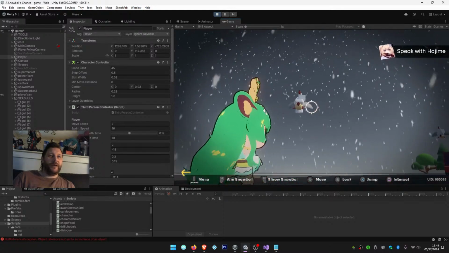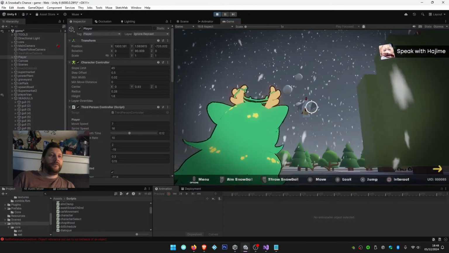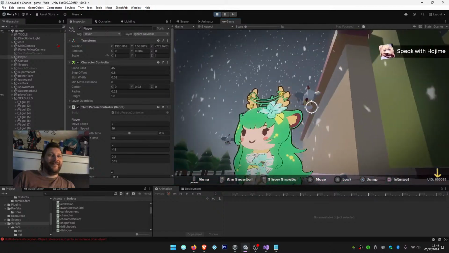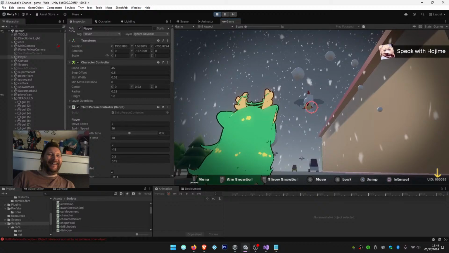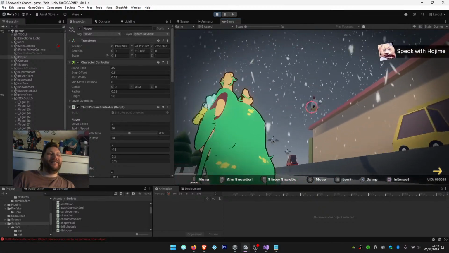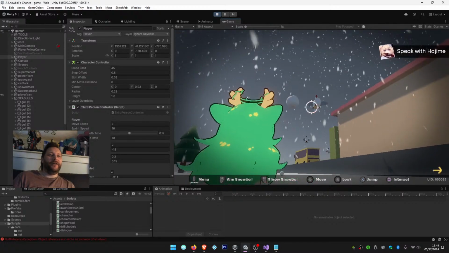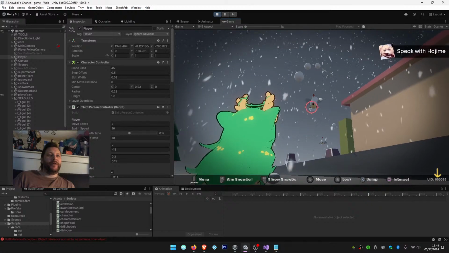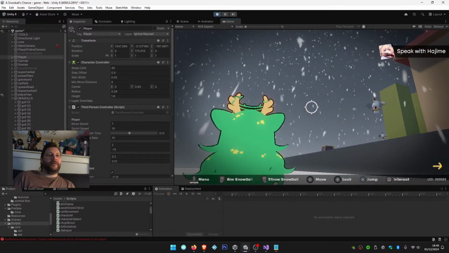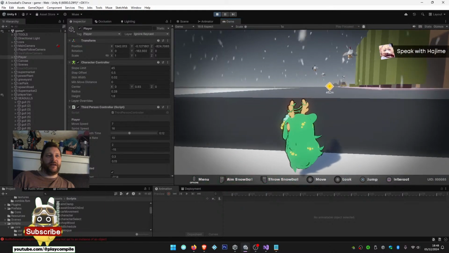The cubes are back on again, that's why they look weird. Yeah, these snowballs need a different mode for the birds. Unless I can line up their target center.